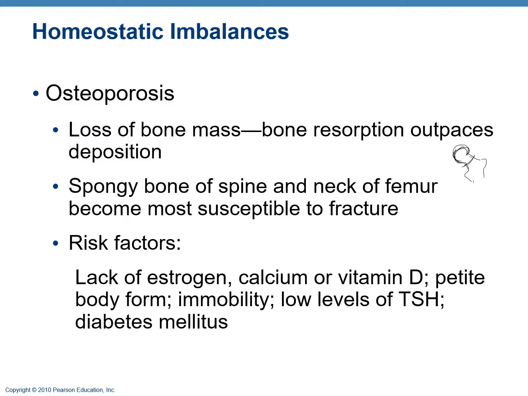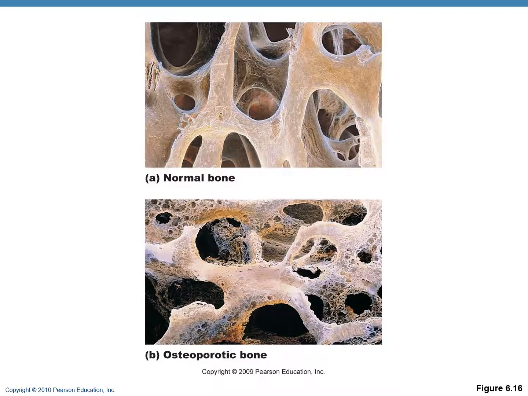Low levels of thyroid stimulating hormone, or TSH, as well as diabetes mellitus. And this, of course, is going to be normal bone, so it's showing the trabeculae within spongy bone. Osteoporotic bone is basically going to have this kind of broken down, just less robust appearance.